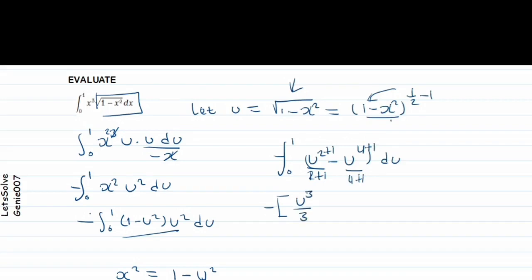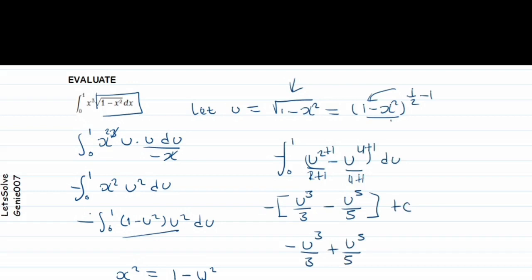Then 4 plus 1, we get 5 over 5 plus c. Distributing this negative, we're going to have negative u to the power 3 over 3 plus u to the power 5 over 5.